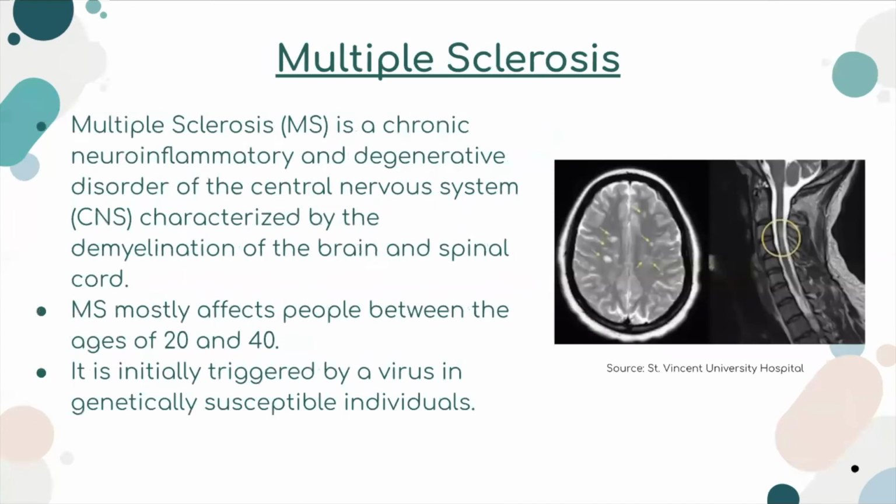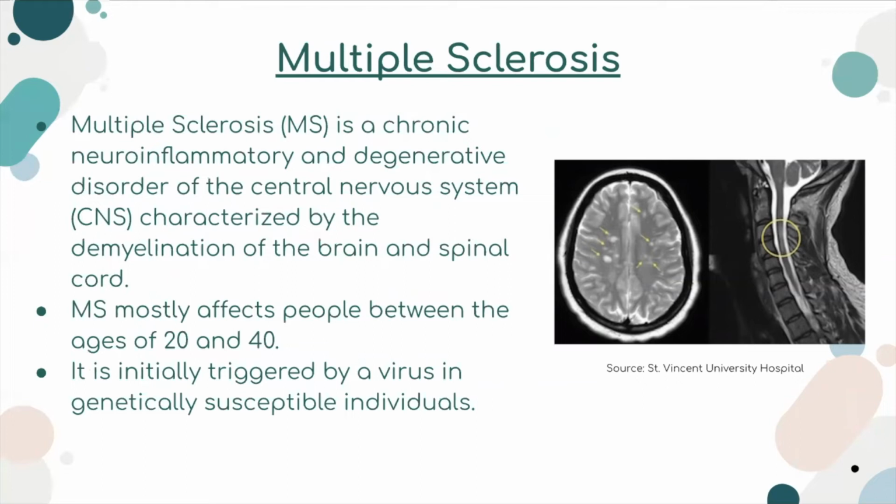The third neurodegenerative disease we will discuss is multiple sclerosis, or MS. MS is a chronic neuroinflammatory disorder that affects the central nervous system by demyelinating the brain and spinal cord. Multiple sclerosis is a disorder that primarily affects individuals between the ages 20 and 40.